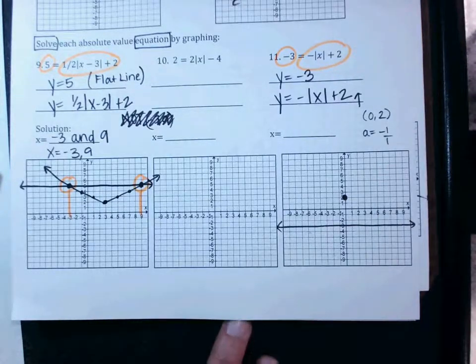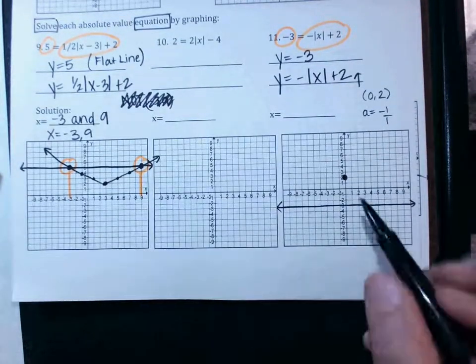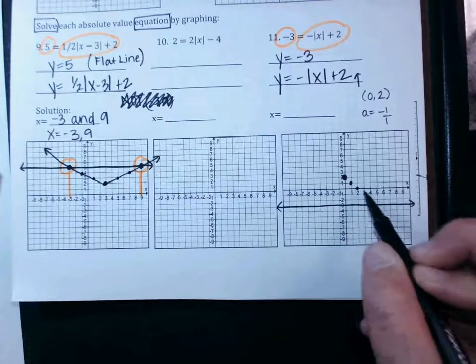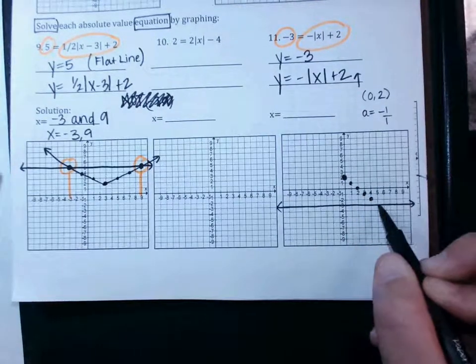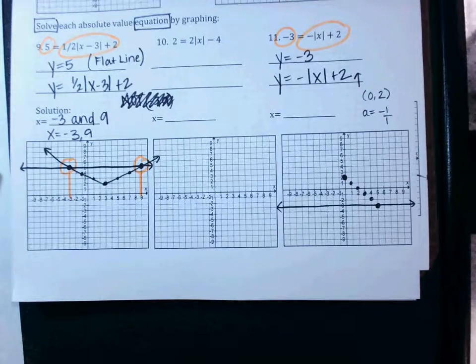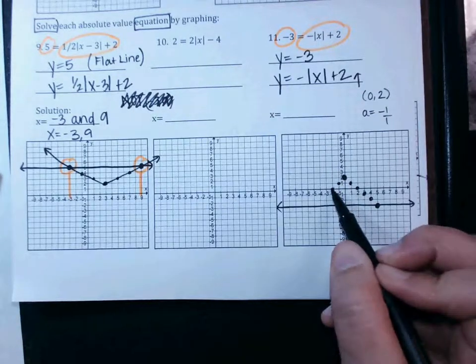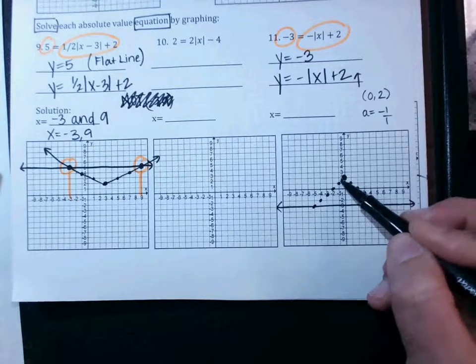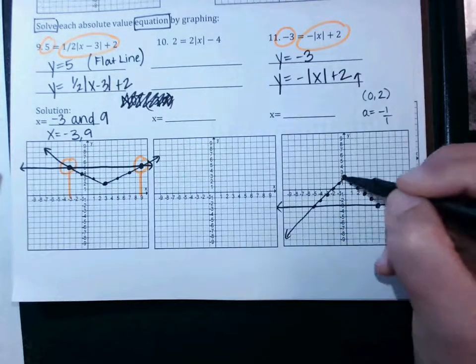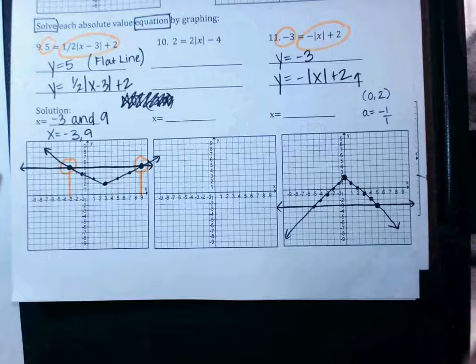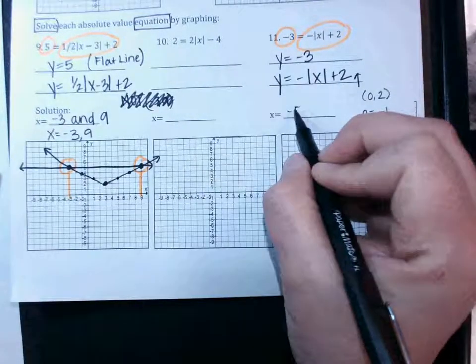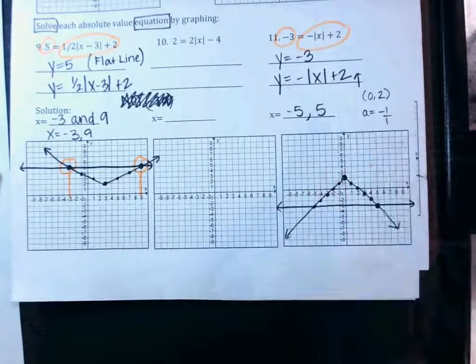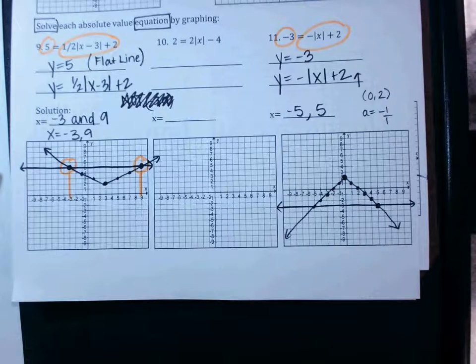So I would start at that 0, 2 point, and then I would go down over, down over. Then I would go the other way, down back, like that. Good. Then those intersection points are -5, 5. Or you could put -5 and 5 is good.